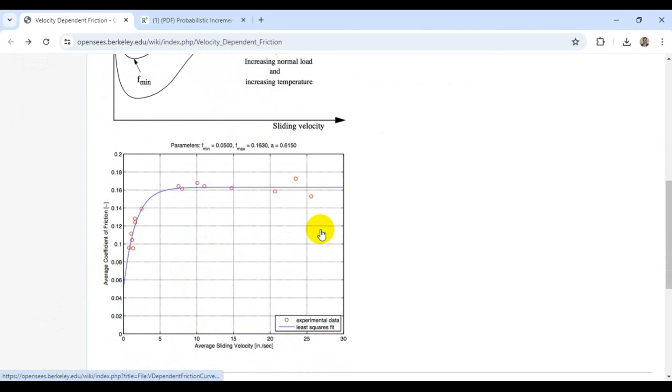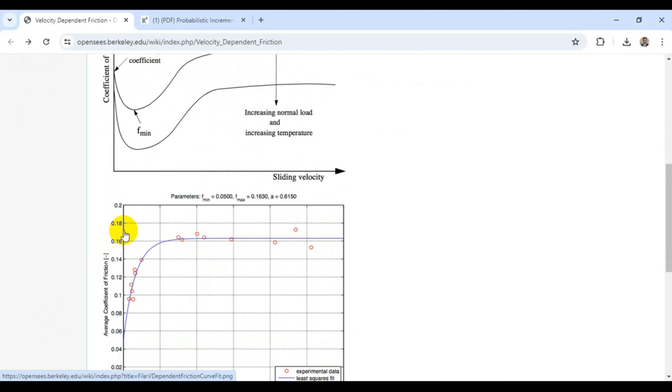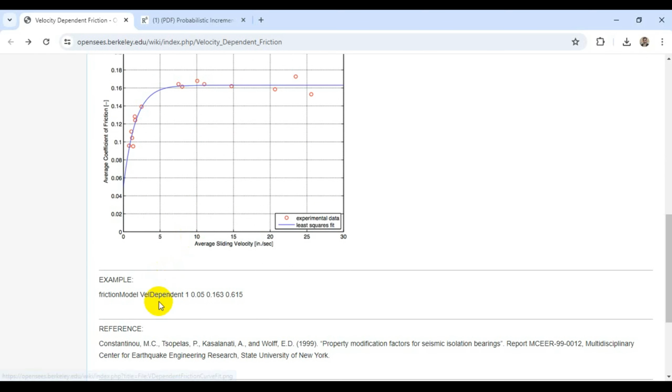For example, if we look at this behavior, with velocity and the average coefficient of friction, this is how the model works here.